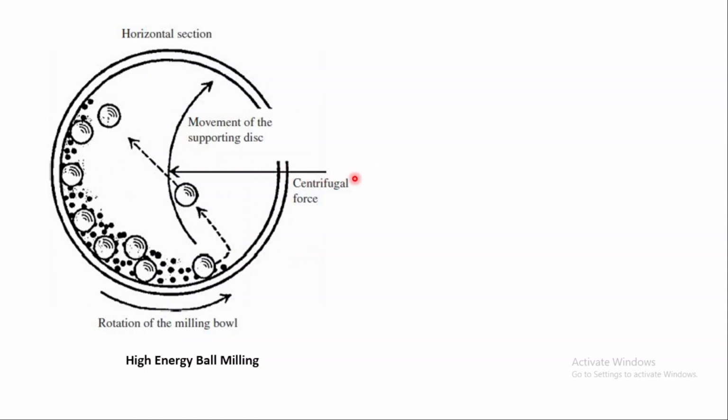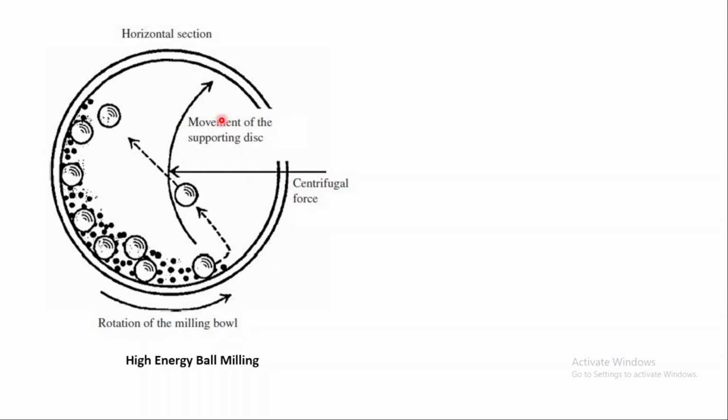The force motion is showing here. Centrifugal force directed towards the center and movement of the supporting disc. So there is a disc here. The supporting disc will move like this, and all these balls will roll along with the materials to break down the bulk material into smaller sizes. So rotation of the milling ball will be in this direction.